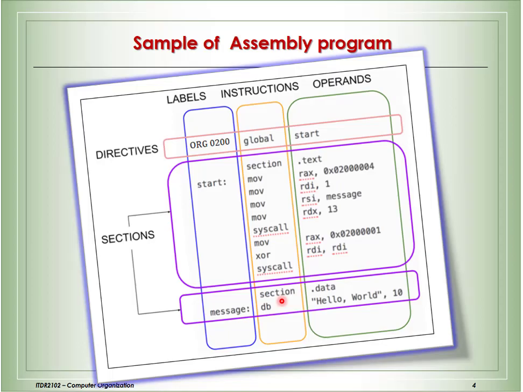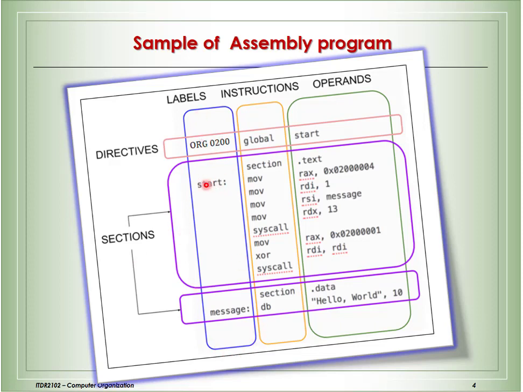So you see there are some headings here, and I will go briefly through each heading. First of all, you see the labels, instructions, operands, directives, sections. The first column, in blue, shows the labels like start and message.